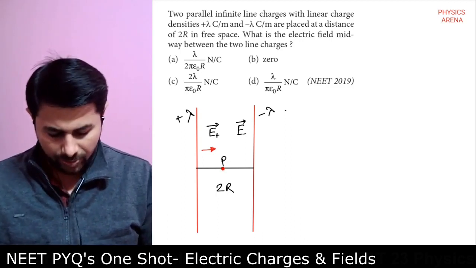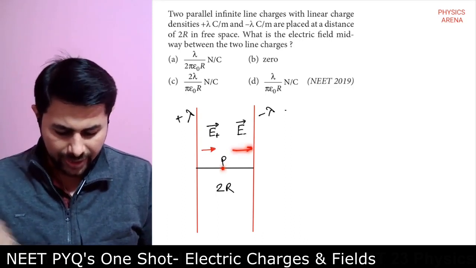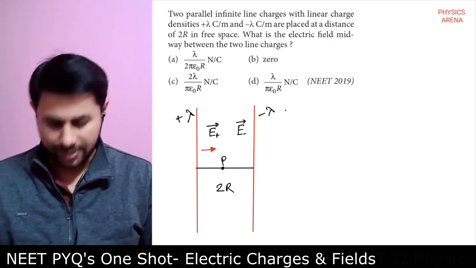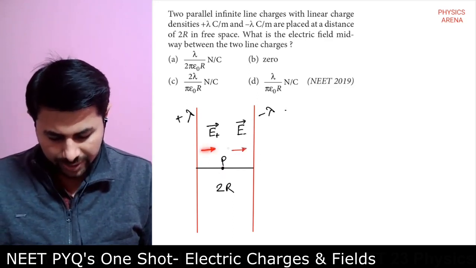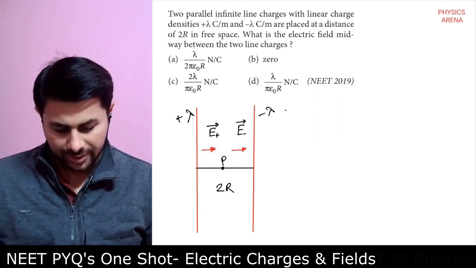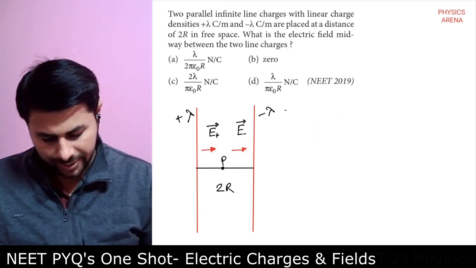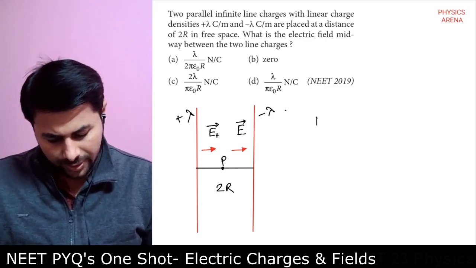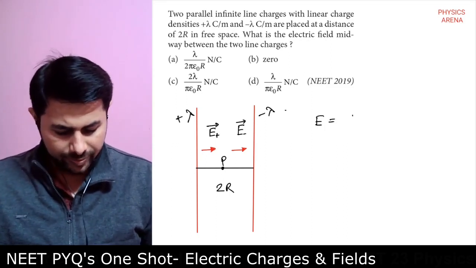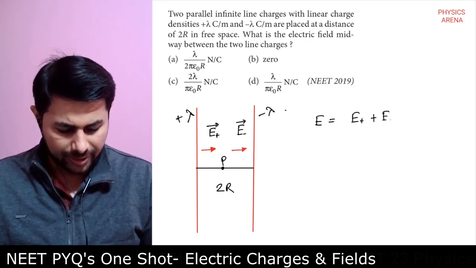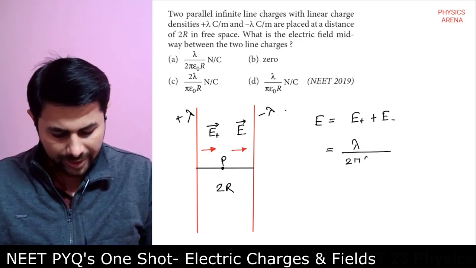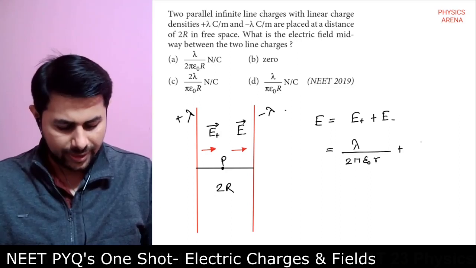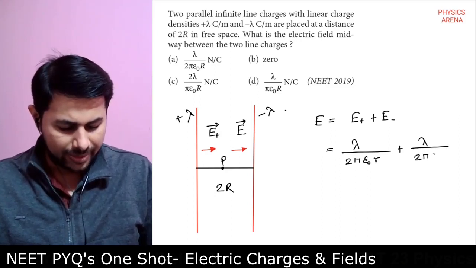If you keep a small positive charge here, it will get attracted by the other line charge. But both of them are in the same direction. That means the net electric field will get added. So E is equal to E plus plus E minus, that is lambda divided by 2 pi epsilon naught r plus lambda divided by 2 pi epsilon naught r.